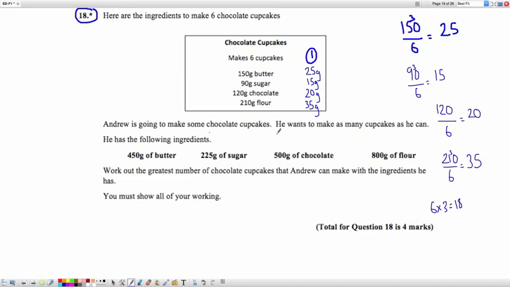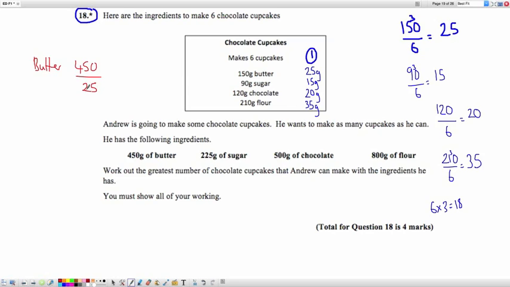So with each of these ingredients now, we can work out how many of these fit into our ingredients that Andrew has available. So let's first off the butter. So for the butter now, we have 450 divided by 25.